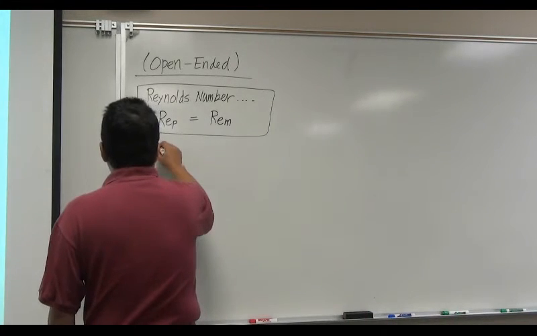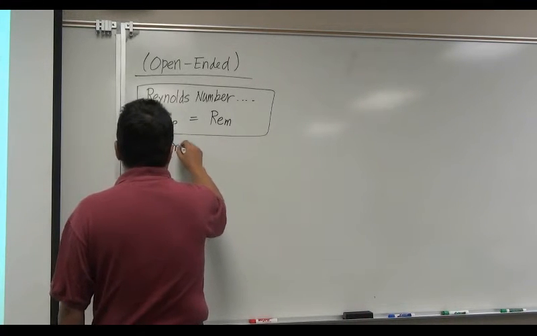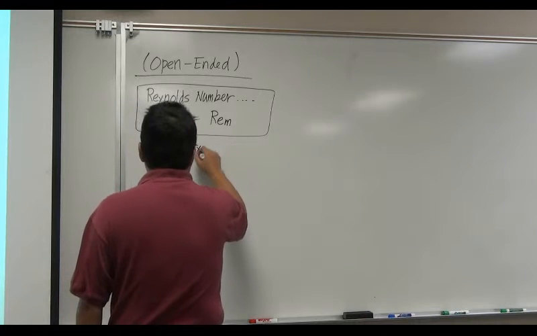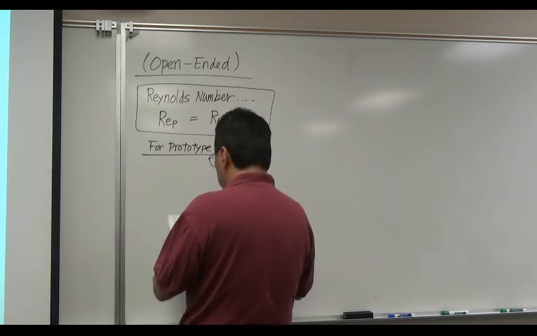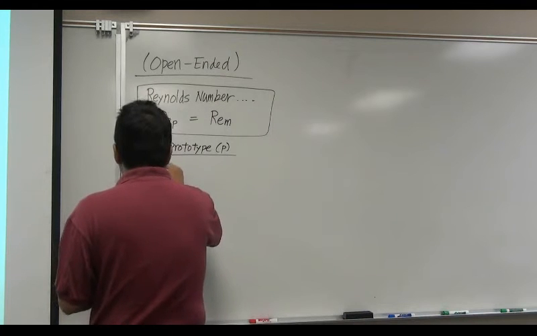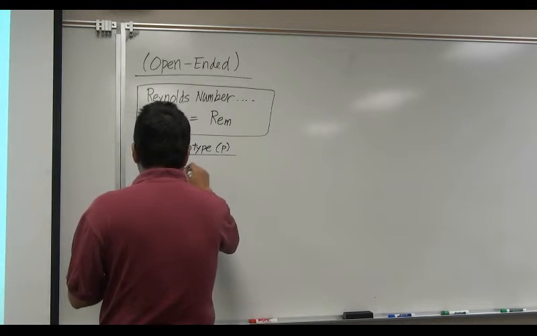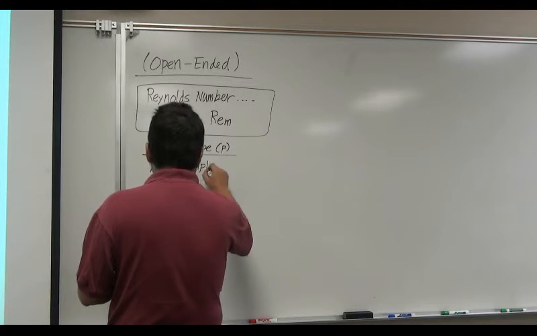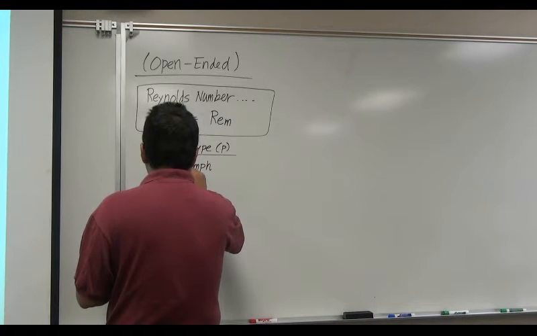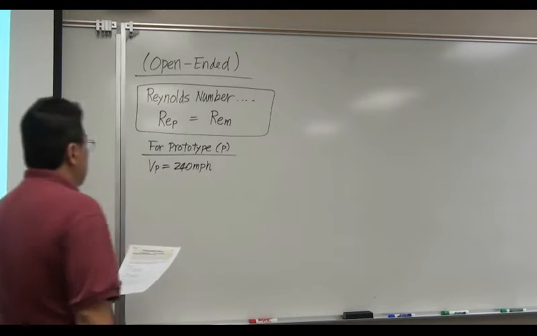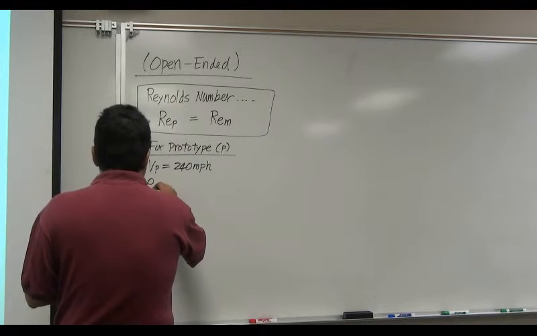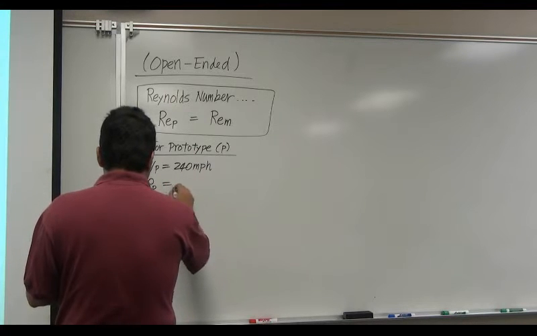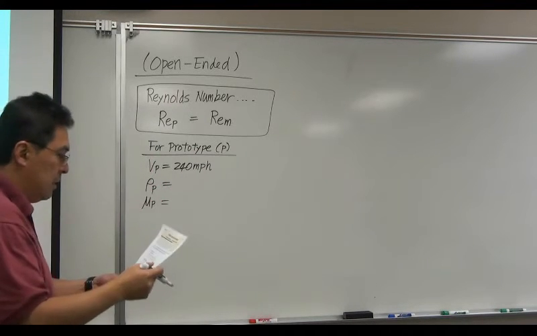So let's list the conditions for prototype. Prototype, your actual airplane. Flight condition is 240 miles per hour. Pretty high speed. Density and viscosity of the prototype. In other words, your flight condition is 10,000 feet.